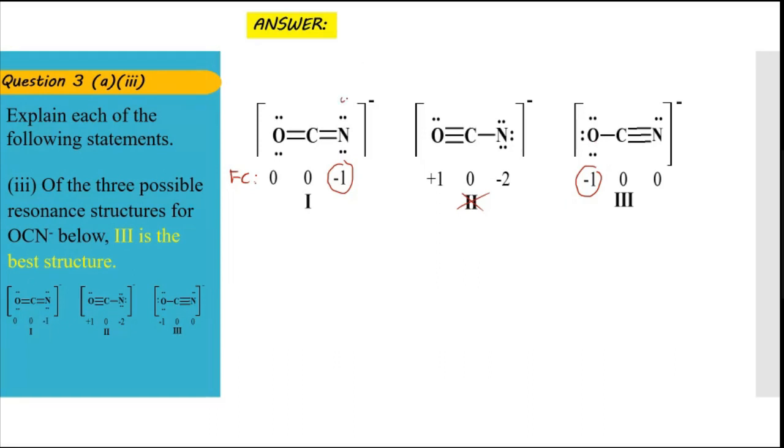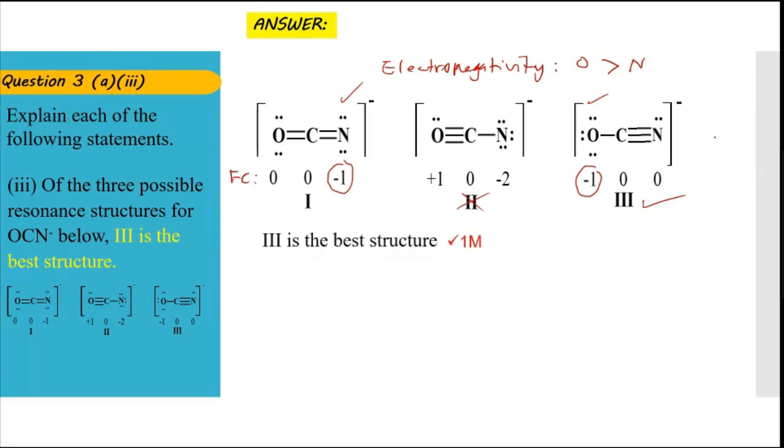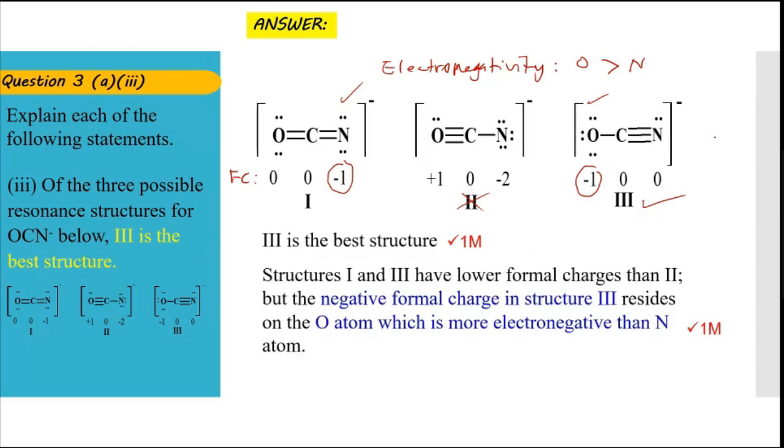If you compare electronegativity, O is more electronegative than N. So the more electronegative atom should bear the negative formal charge and that structure will be stable. So that means the third one. That's the reason, and you explain based on electronegativity. 3 is the best structure.